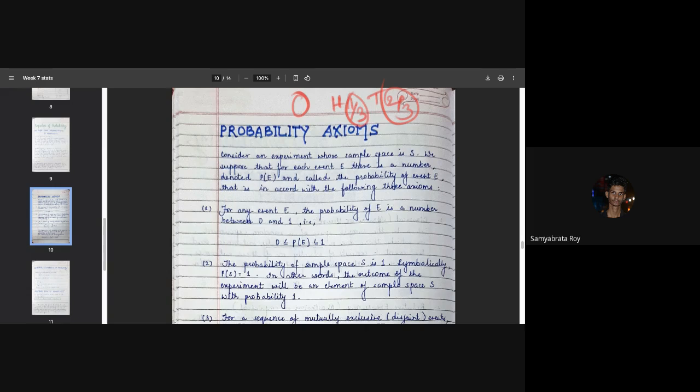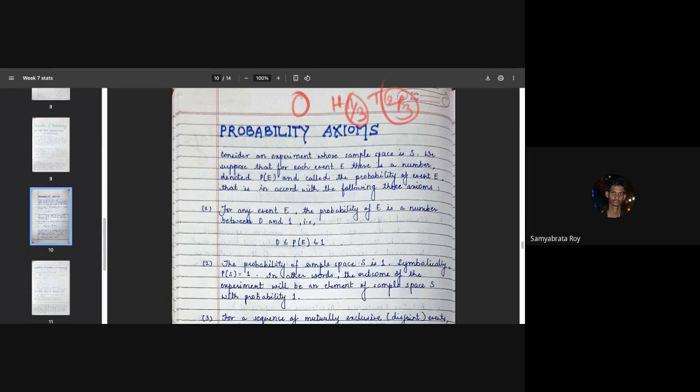In this case, we need to go forward with a slightly more advanced methodology, which is called the axiomatic definition of probability. In this scenario, we will follow 3 axioms to construct the definition of probability.